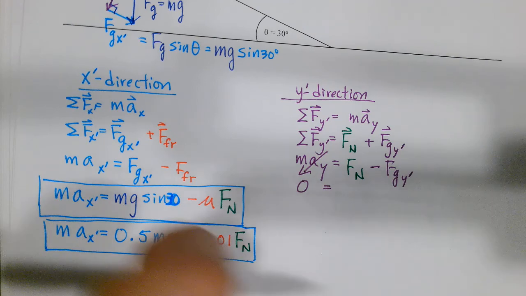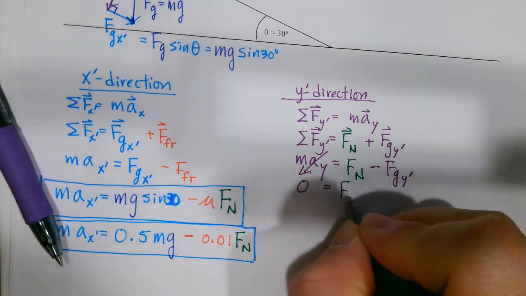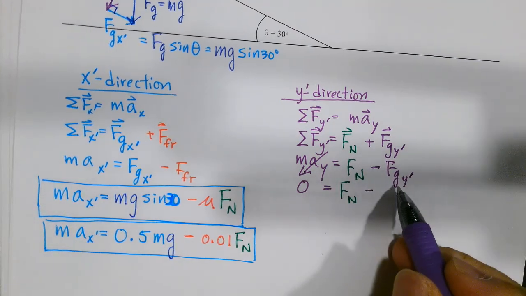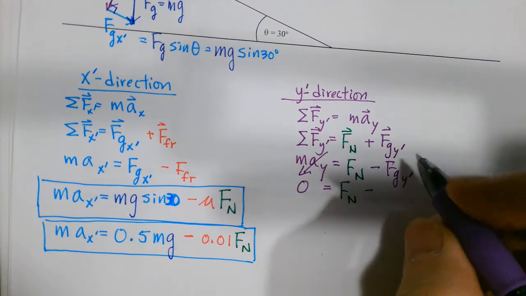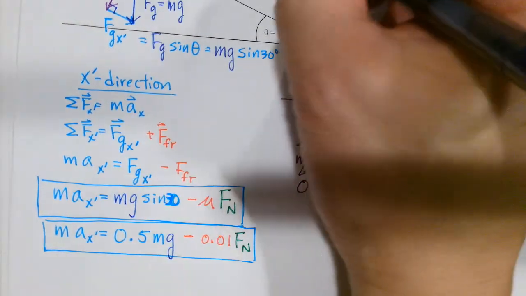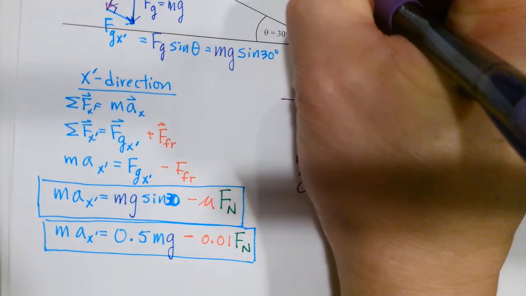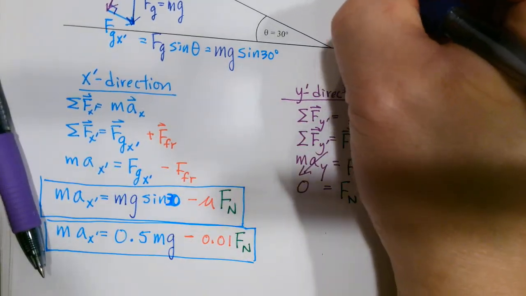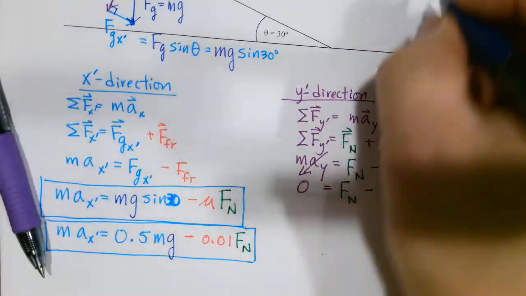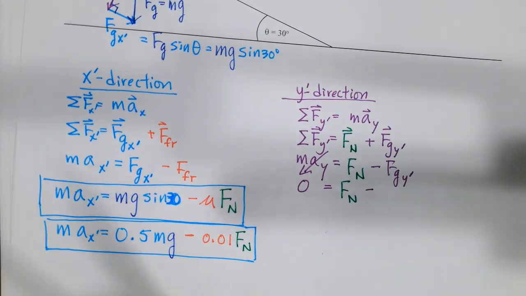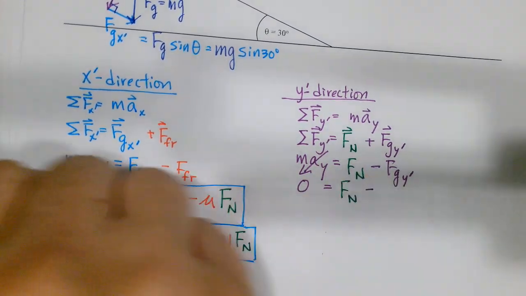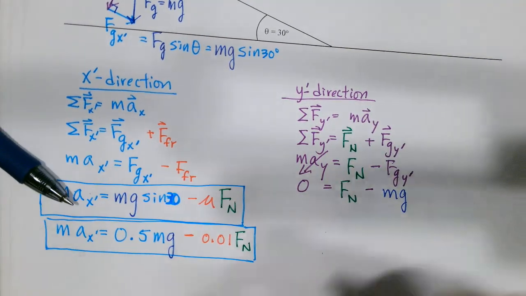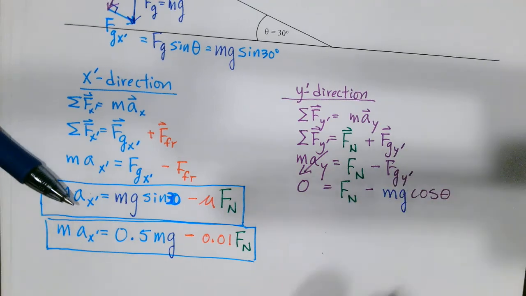So F normal minus F_gy prime, and F_gy prime is equal to mg cosine theta.